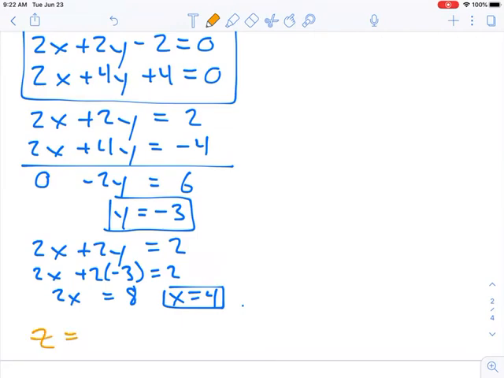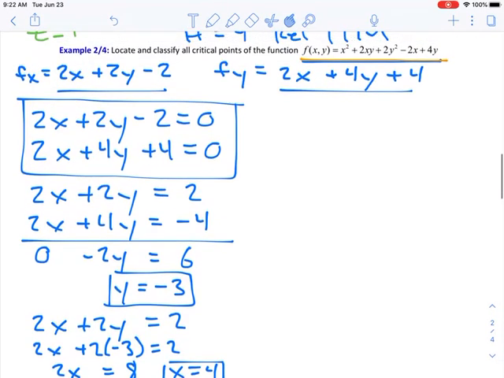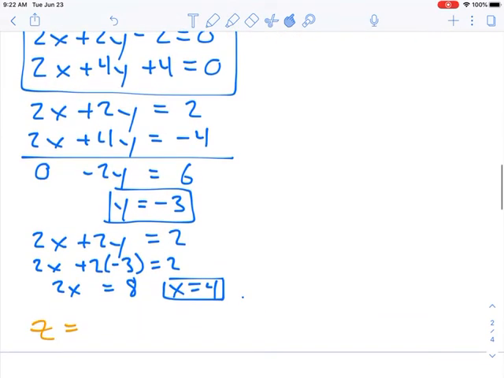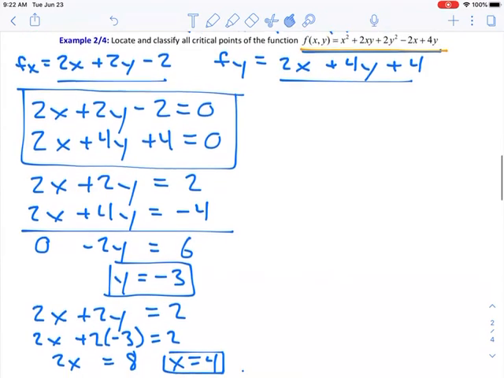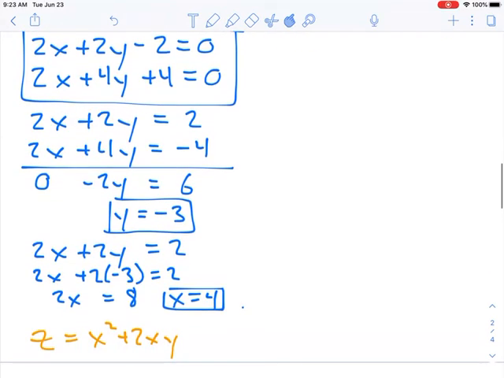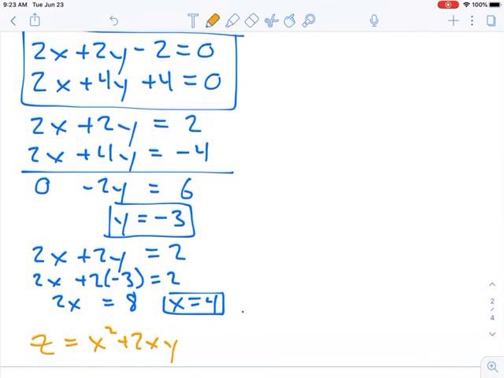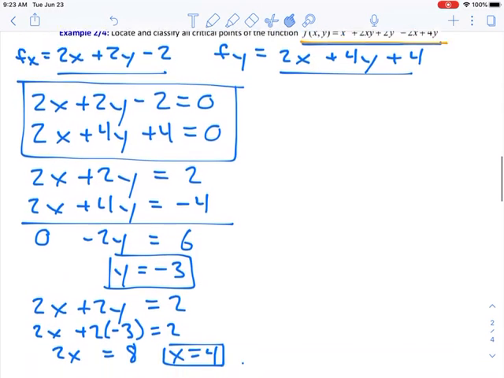Z is equal to x squared plus 2xy plus 2y squared minus 2x and I think that was plus 4y. Yep, plus 4y.